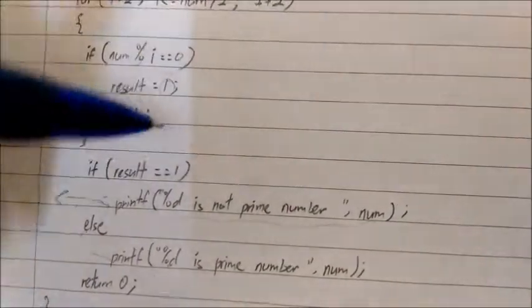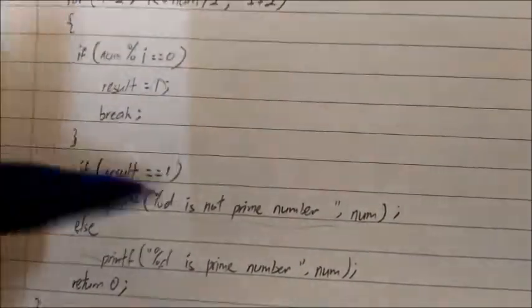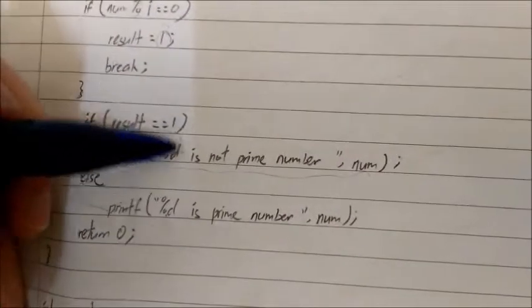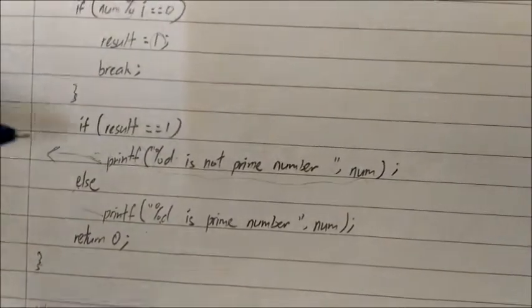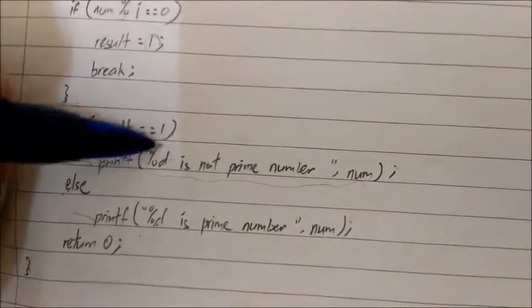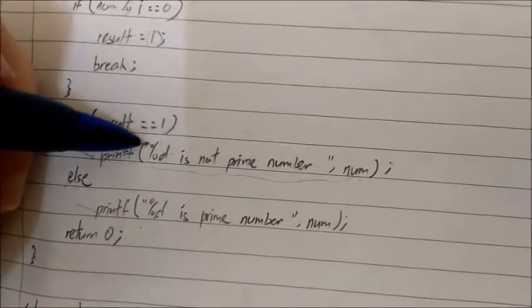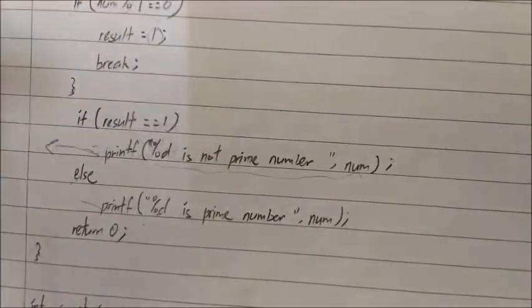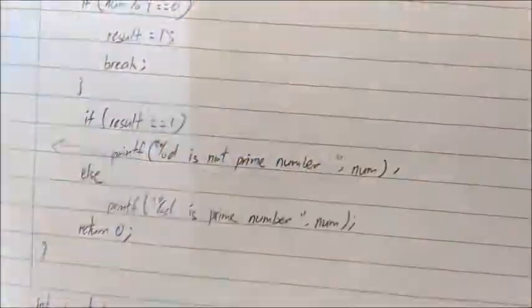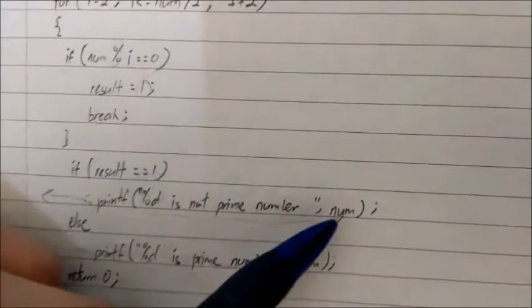So after printf, we also need a semicolon. Because it is a number, we use percentage d, and after it a comma, and we must input the num.